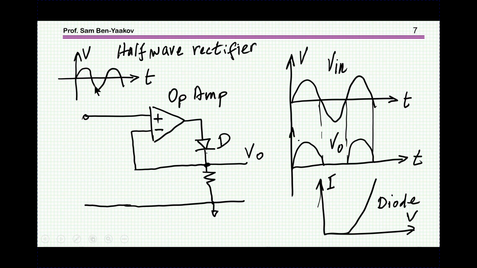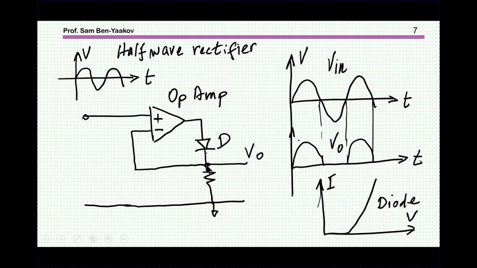As you have an AC at the input, for the positive voltage you have conduction here, and since you have here a virtual zero between the two input terminals, since the operational amplifier has a very high gain, in closed loop the potential difference between these two lines is very, very small. So therefore this point will follow the positive voltage.